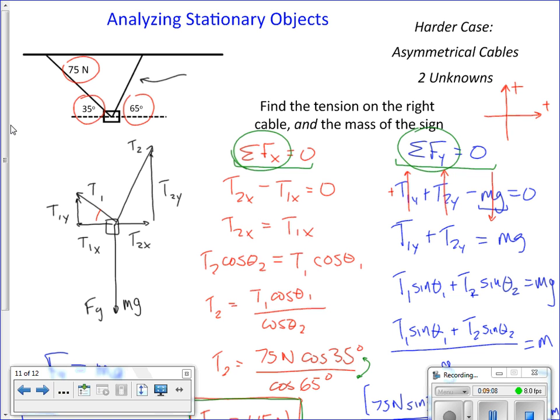Hence, positive, positive, negative. Same thing applies over here. T2x is to the right, T1x is to the left. Positive here, negative there. So sign and direction have to agree.